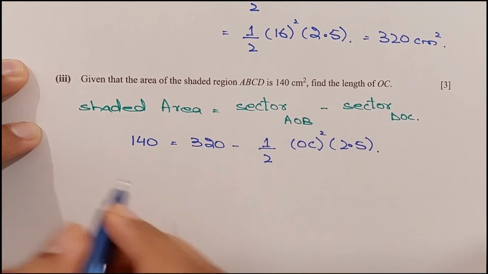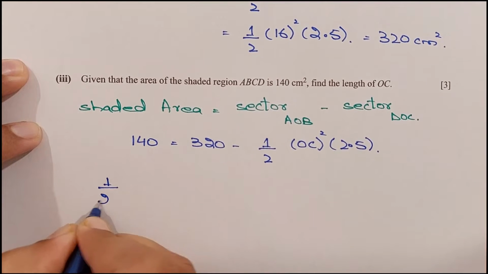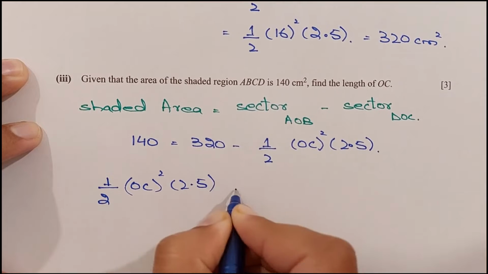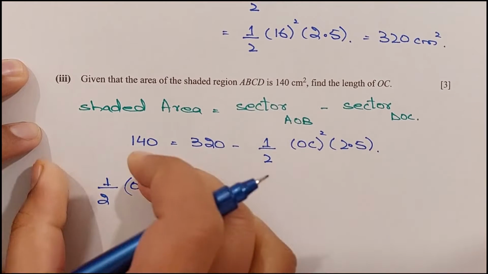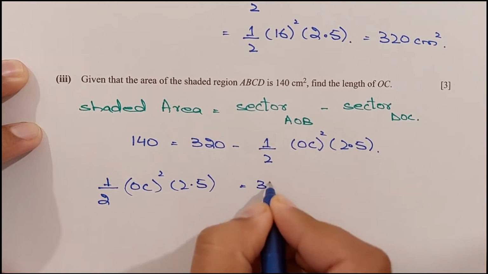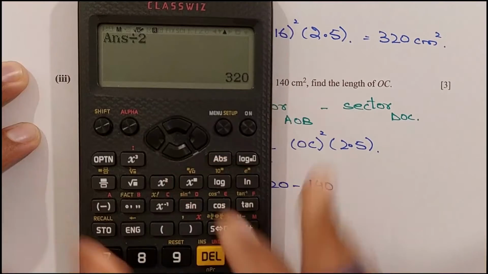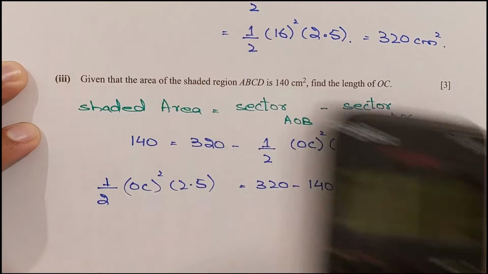Okay, shifting this term on this side, 1 by 2 OC square into 2.5 is equal to 320 subtract 140, right? 320 take away 140, this is 180.